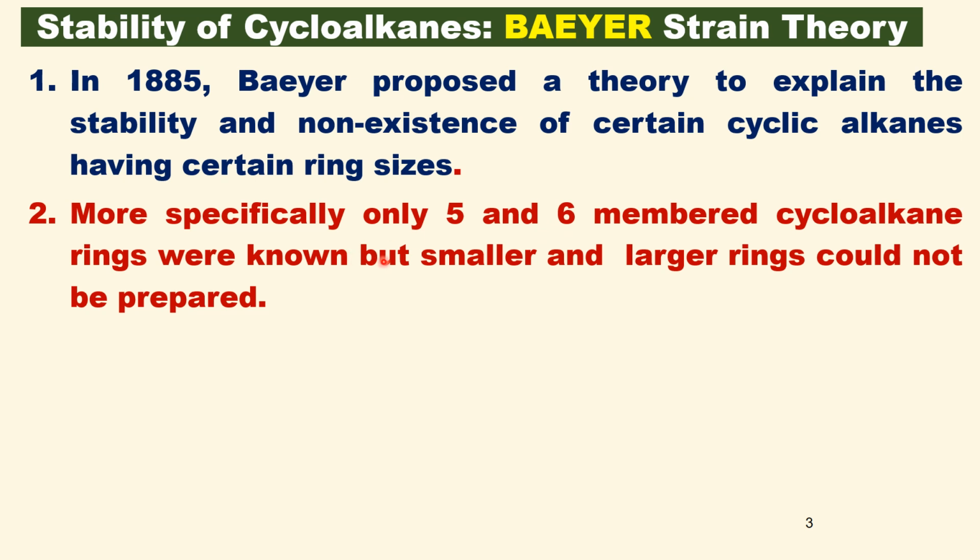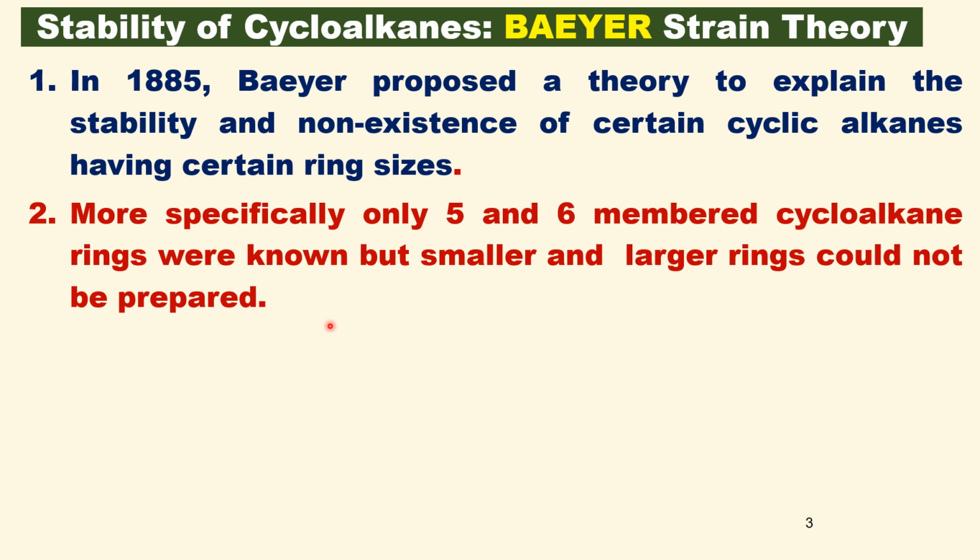That is, cyclopentane and cyclohexane are more stable, so they are abundant. Whereas cyclopropane and cyclobutane are less stable and they are not produced, they are not formed.